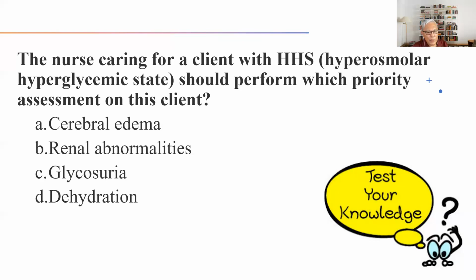All right, because of the administration of fluids on these patients, the risk is that we're going to create cerebral edema. So this is the more acute complication of this condition. You remember that it differentiates DKA from HHS. HHS always involves the possibility of neurological symptoms and neurological pathology.